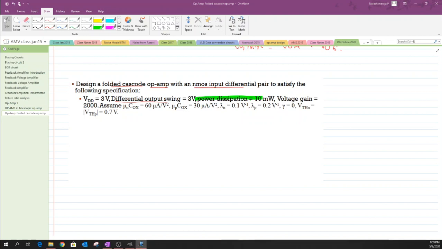As of now I'll just copy the circuit which I have drawn earlier, but there are a few points that you have to remember. Let me discuss those points on the circuit that has been copied.